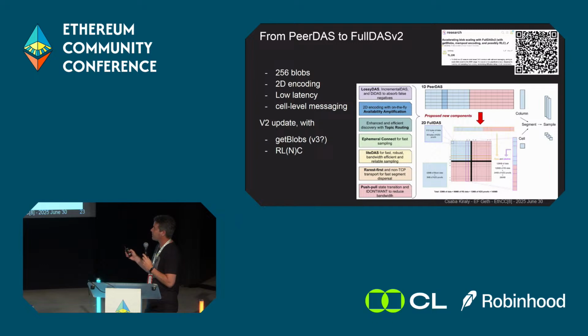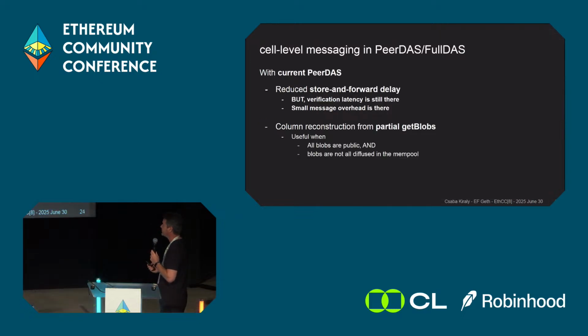And then there are different ways of changing the scheme, basically the 2D erasure coding. Instead of using Reed-Solomon, to use random linear coding or random linear network coding, there are a few options there that you can find in that blog post, and I will definitely not have time to go into that.